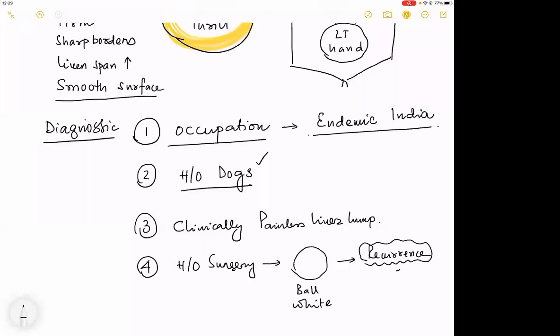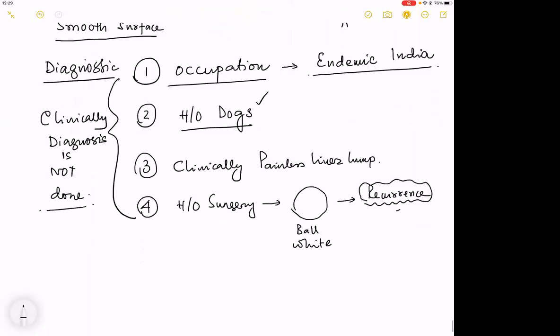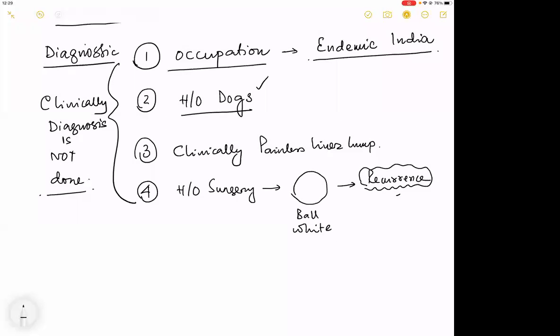That means none of the diagnostic points go in favor of a hydatid. So that means clinically diagnosis is not done. Please mark my points, because across India as an examiner, I have seen umpteen number of students making this mistake.